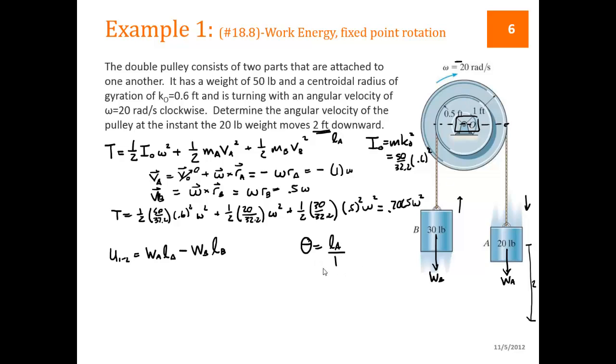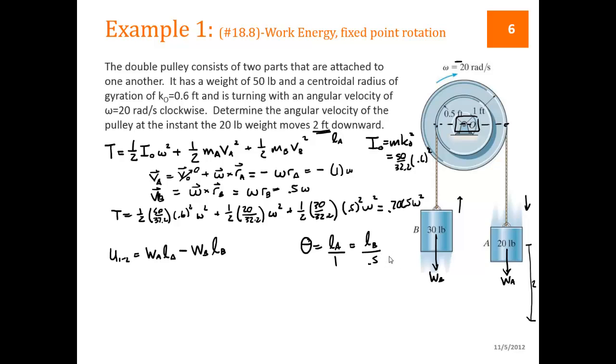That's rewriting the distance a point on a circle moves: theta times the radius. Both of those pulleys are going to move the same theta because they're rigidly attached to each other. So this is also going to equal LB times the radius to B, which is 0.5.